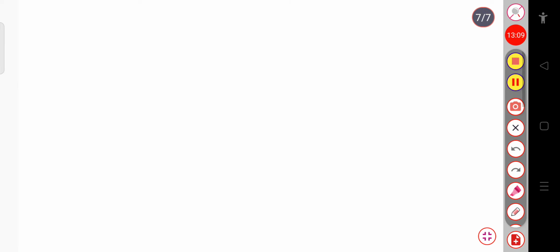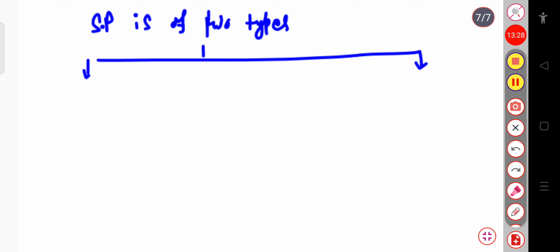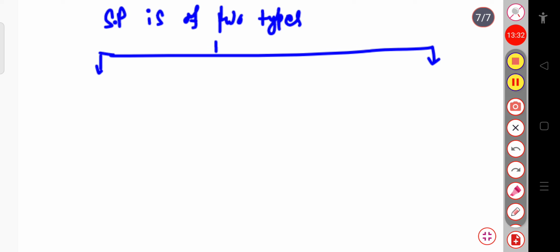Now we will see that the singular point is of two types. One is the regular singular point and another one is known as the irregular singular point.